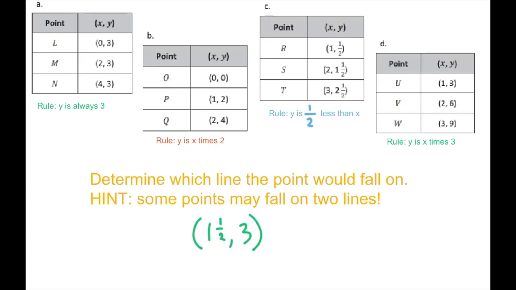Okay, so if you establish 2 rules, you get some major bonus points, but the first one aligns to the rule that y is x times 2, which is line B. But it can also apply to the rule that y is always 3, which would be line A.